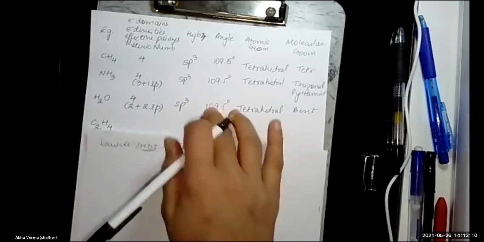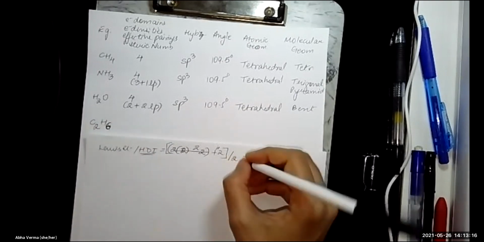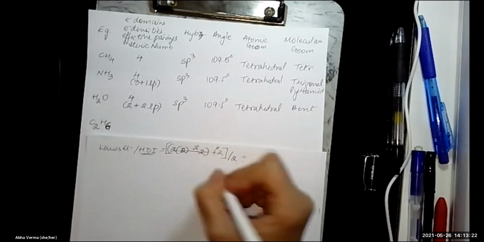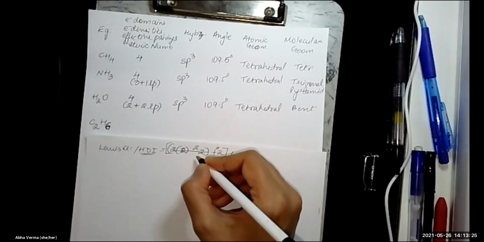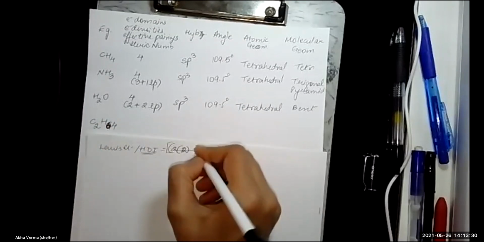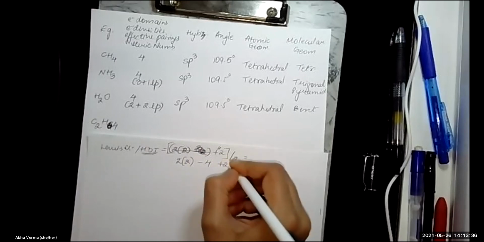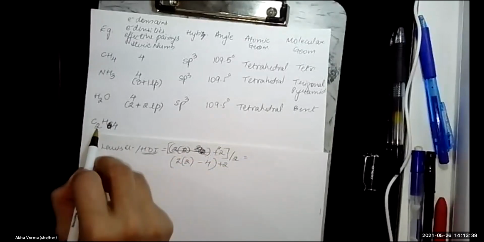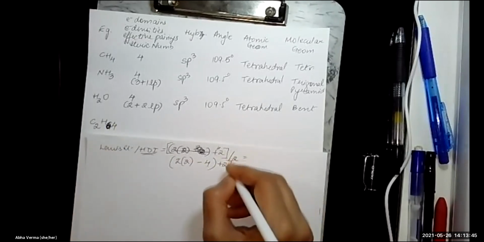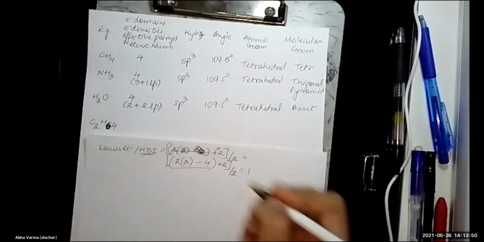Did I do something wrong? C2H6. I'm sorry. Yeah, this is C2H6. I did not write this number right. Minus 4 plus 2. So this is C2H4. I did not write a 4 here. I wrote 2 here. It's 1.